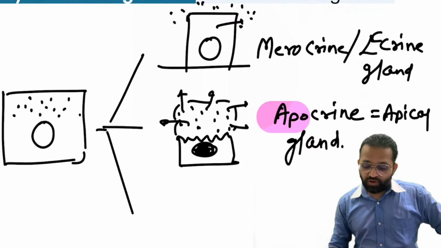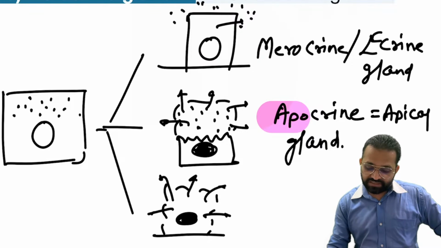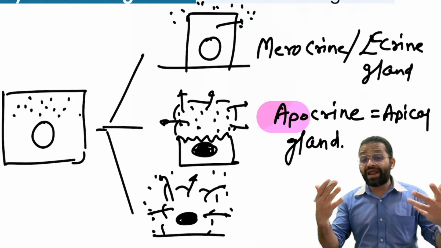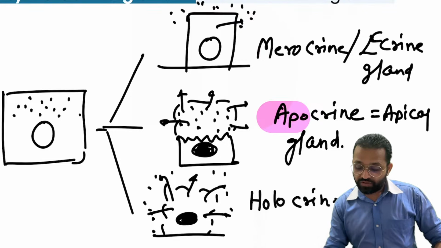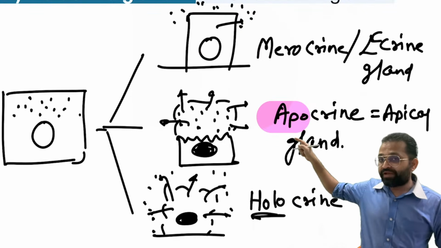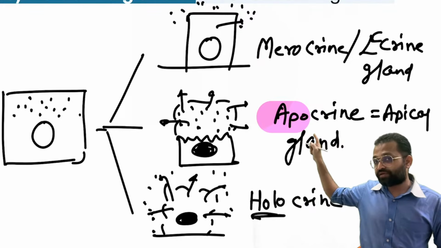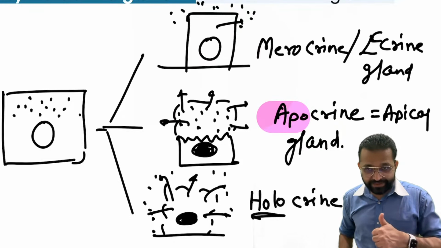Now sometimes the entire gland gets ruptured and releases its secretion. The whole gland bursts. So this is the holocrine gland. Apical portion bursting is apocrine. No bursting, no destruction, that is merocrine.